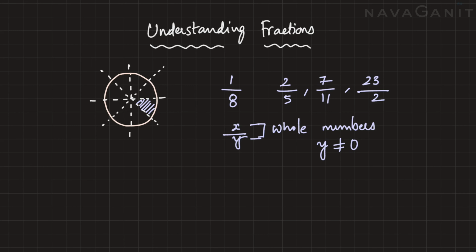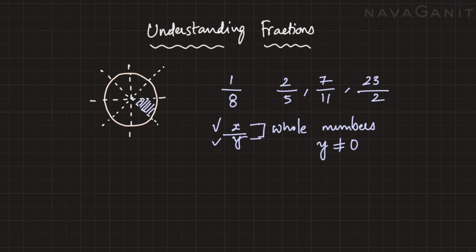Because as we have seen earlier, division by 0 is not defined. So whenever we write x by y, we ensure that y is not 0 because division by 0 is undefined. So a fraction is simply a number which can be written in this form, x by y.